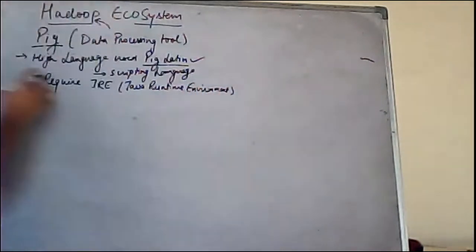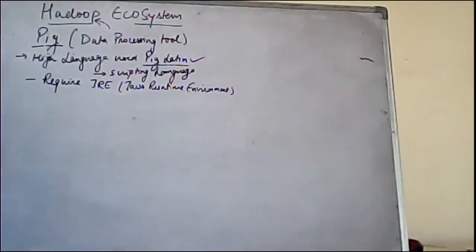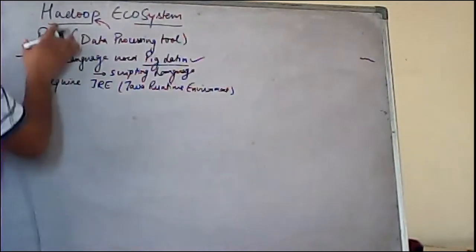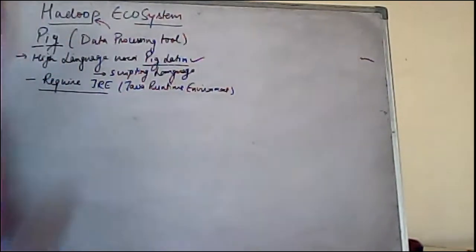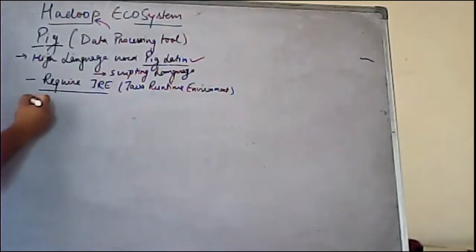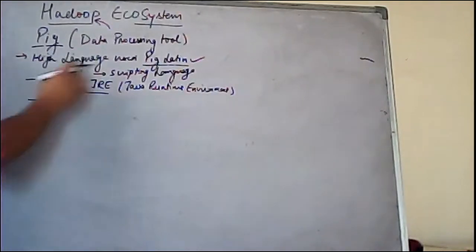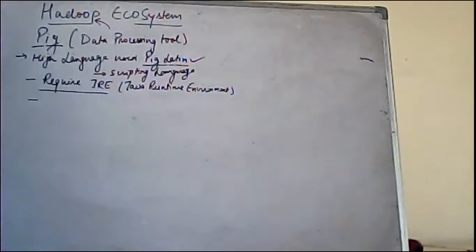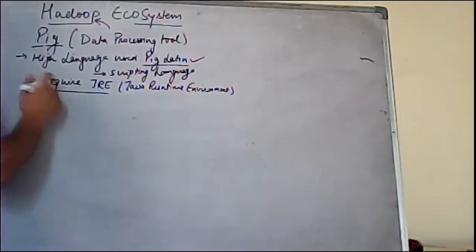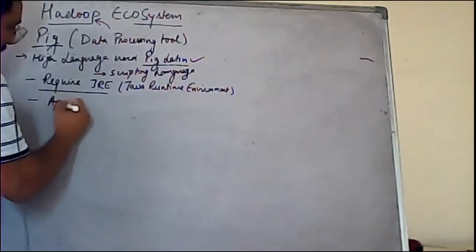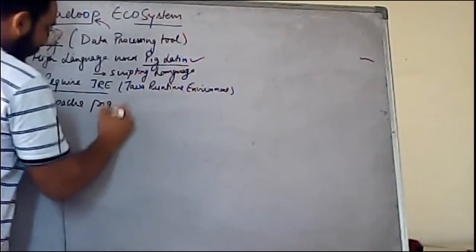I have said that your Hadoop is completely based on your Java, JDK. So for your PIG, there should be a JRE to execute all these data processing. We should have a JRE in our system. To execute your scripting language, PIG also has an Apache PIG engine.